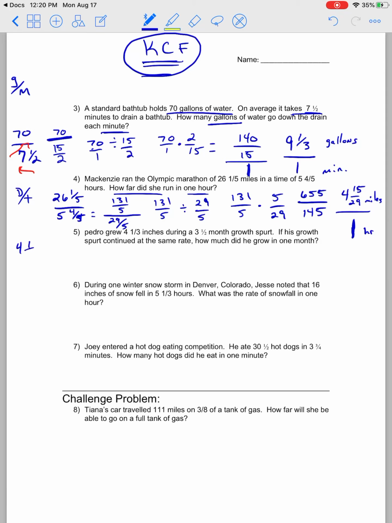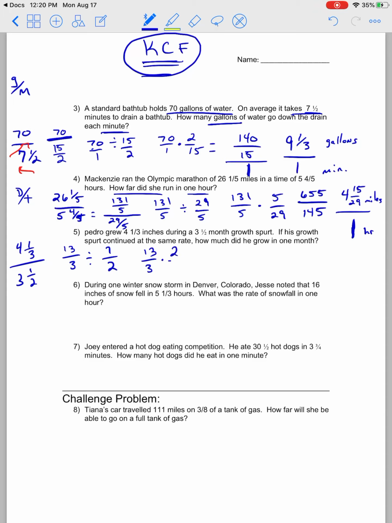So you're going to have 4 1/3 over top of 3 1/2. Now we're going to convert. That gives you 3 times 4 is 12, plus the 1 is 13 over 3, divided by 2 times 3 is 6, plus 1 is 7 over 2.